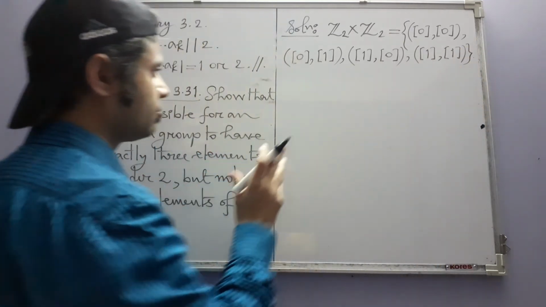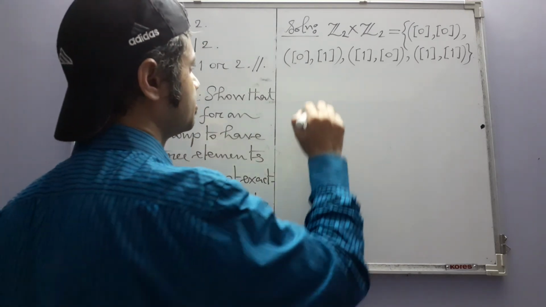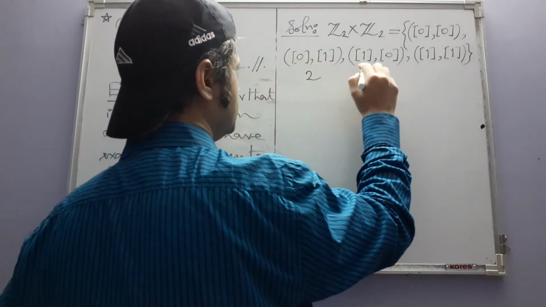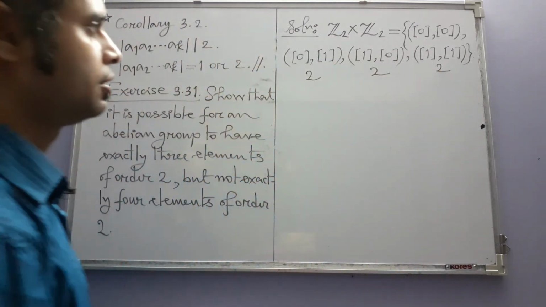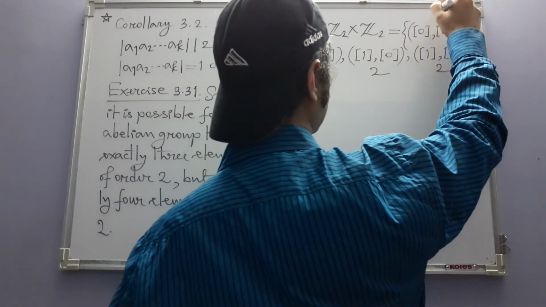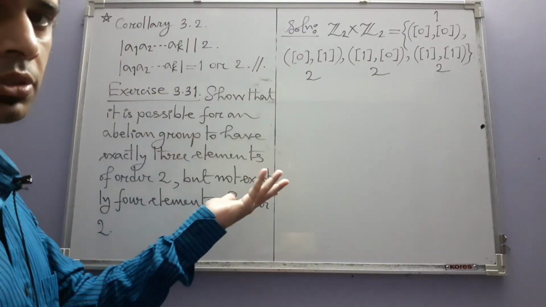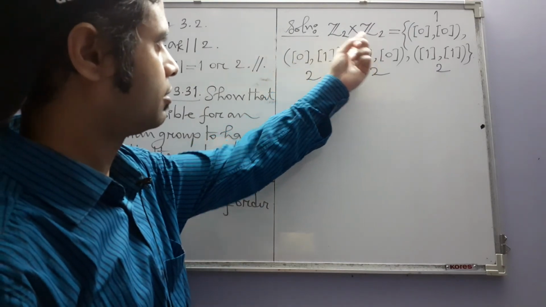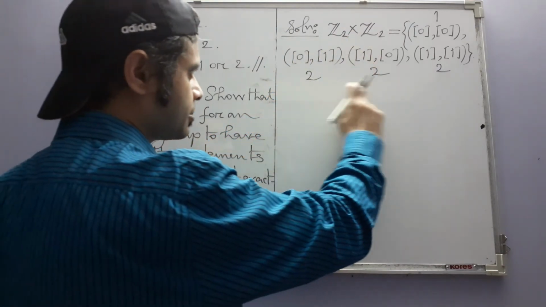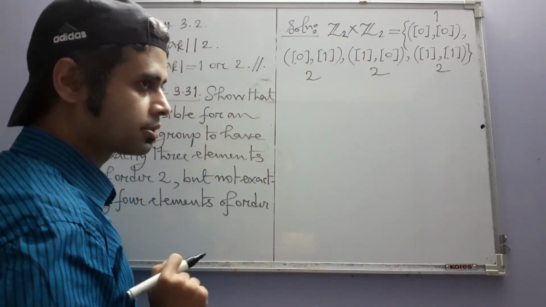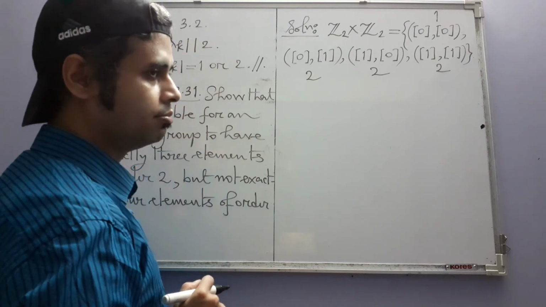You can argue just like how we did in the first exercise to show that these 3 elements have order 2 each, and this one being the identity, of course, has order 1. So this group, and this is of course an abelian group, it's a direct product of 2 abelian groups. So there are exactly 3 elements of order 2. However, not exactly 4 elements. Why?